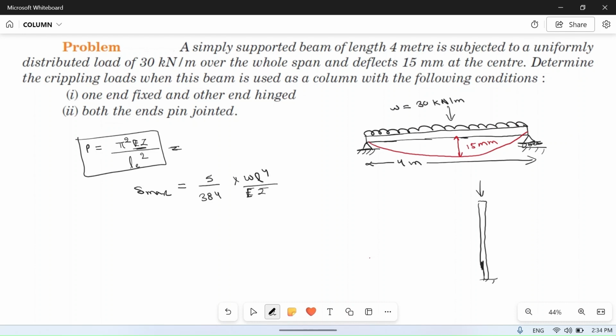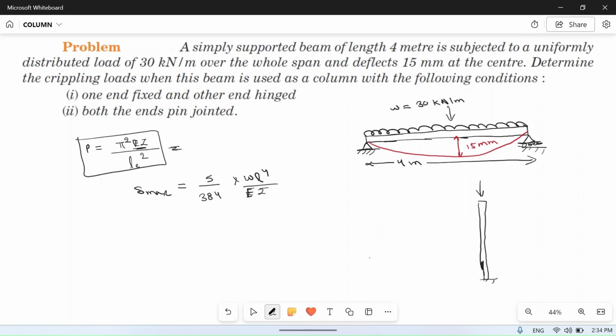Okay, so this is the formula for the maximum deflection of this beam. You can also derive it, but it will take a lot of time. On the same channel we have derived this formula also. If you go under the deflection of beam playlist, you can find that. So we will directly use this formula so that we can do it quickly.